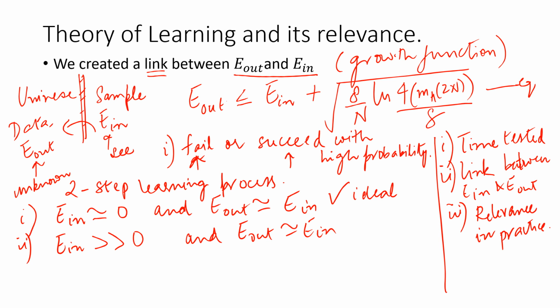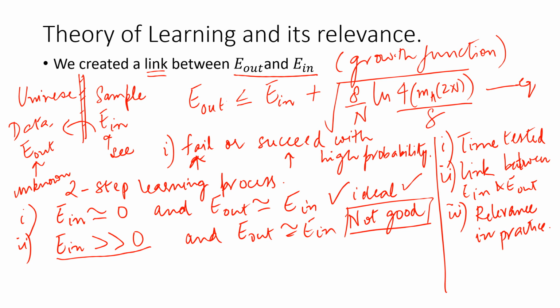What this means is that my in-sample error is really large, so whatever I've learned is not good. But I know that it's not good, which is also fine. Although we would like to be in the ideal situation, even if we've come to this, the theory helps us understand that whatever we learned is not that useful.